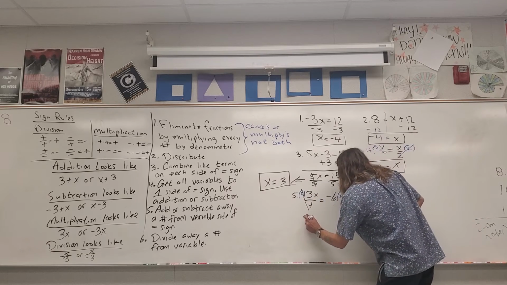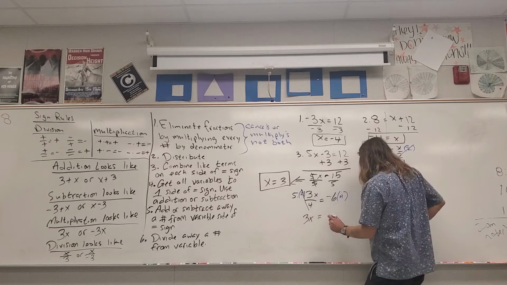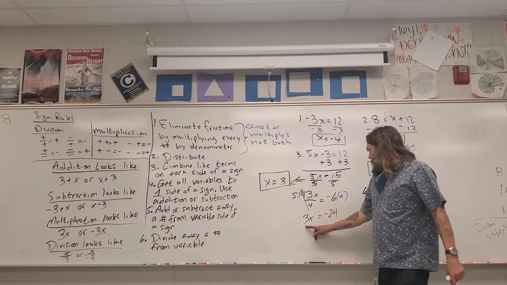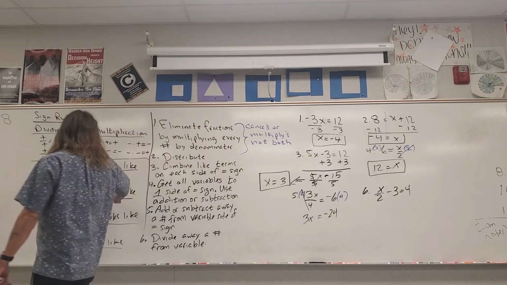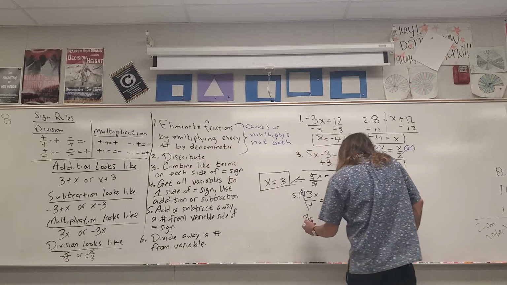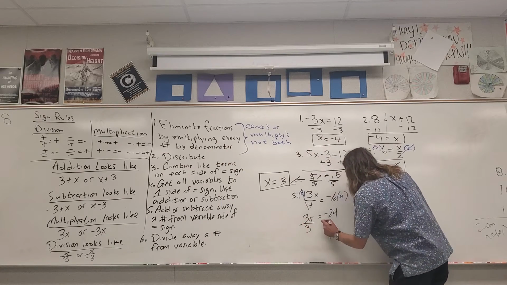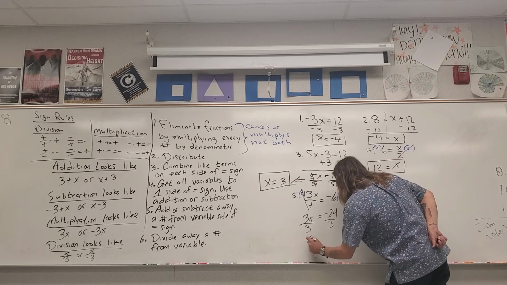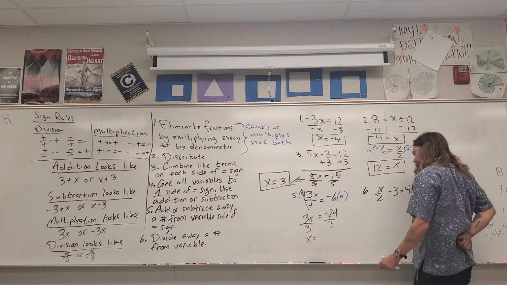This multiplies. 3x equals negative 24. Well, I can't add or subtract away a number because it doesn't look like this or this. So I can divide away a number. All right, so x is equal to negative 8.